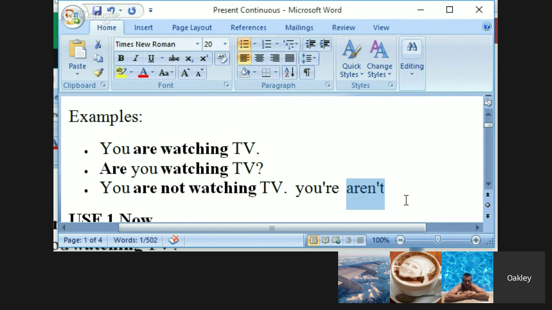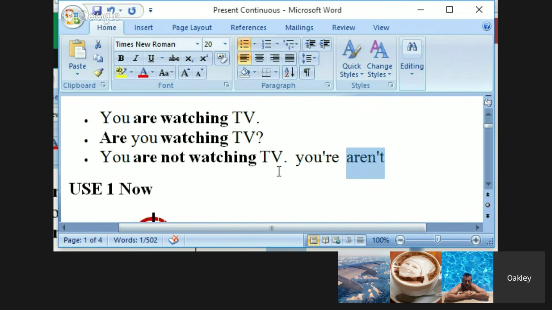In writing, however, writing is by nature a little bit more formal. If you're doing formal writing, formal business writing, academic writing, what have you, then I would recommend that you use the full forms and not the contractions.